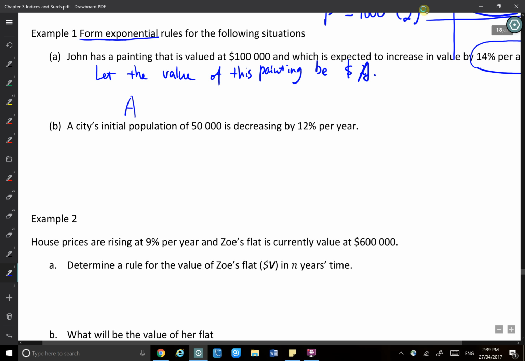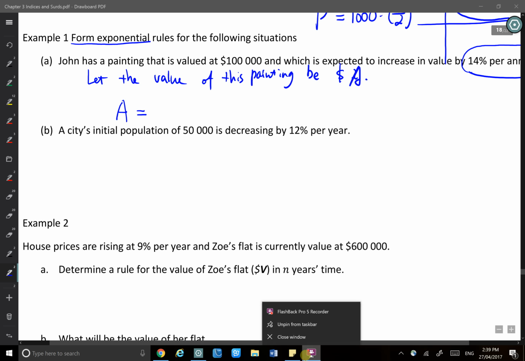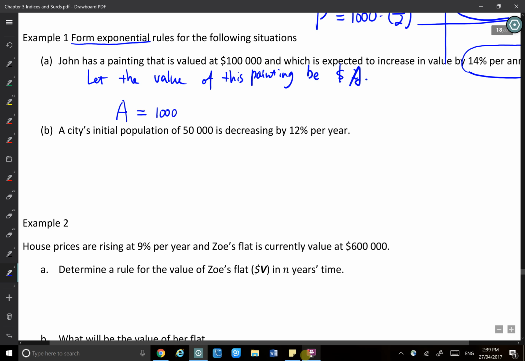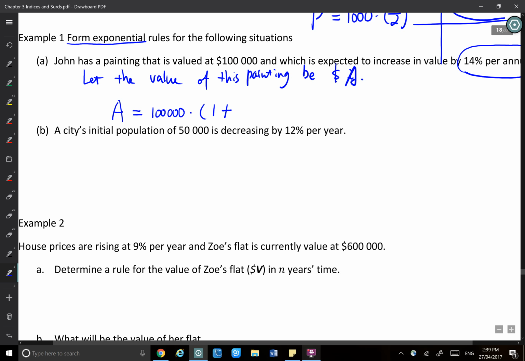So A will equal the initial value, 100,000, times 1 plus the growth rate, because it's increasing in value.